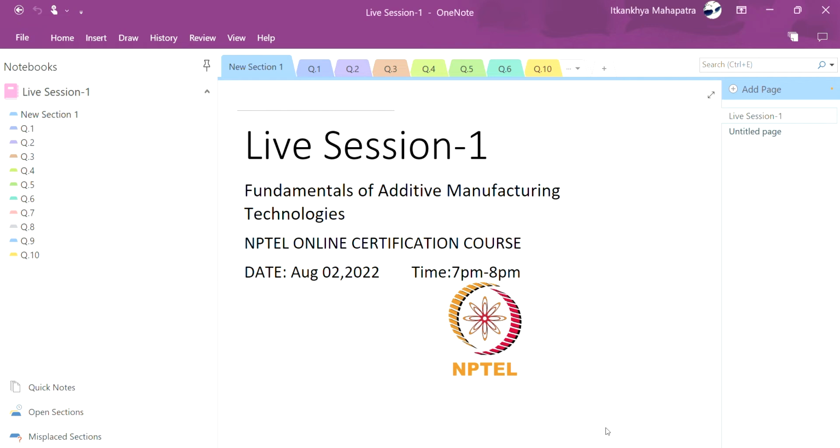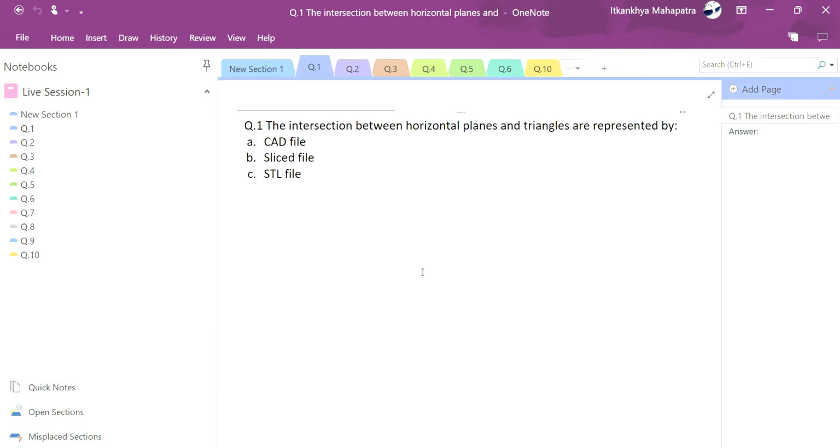Okay, let's start with the session. The first question is: the intersection between the horizontal planes and triangles is represented by which of the following? CAD file, sliced file, STL file. I am assuming all of you would have gone through the videos, and going through the videos will help you in solving the questions.